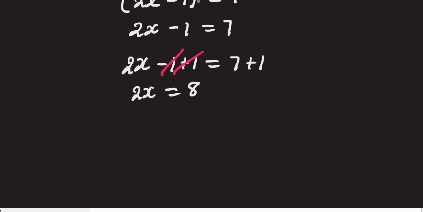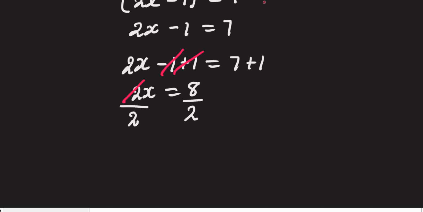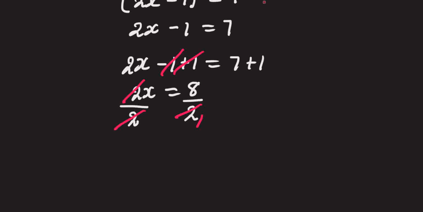Divide both sides by 2. And 2 is going to cancel 2 from here. 2 divided by 2 is 1. 8 divided by 2 is 4. Therefore, x is equal to 4.